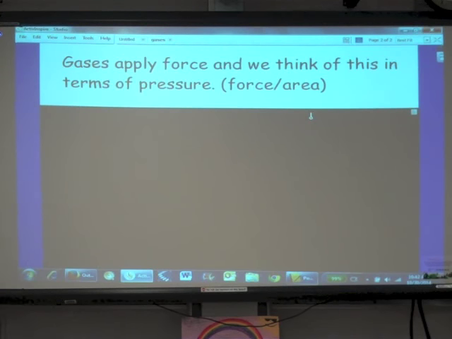So gases apply force, and we think of this in terms of pressure, force per unit area.